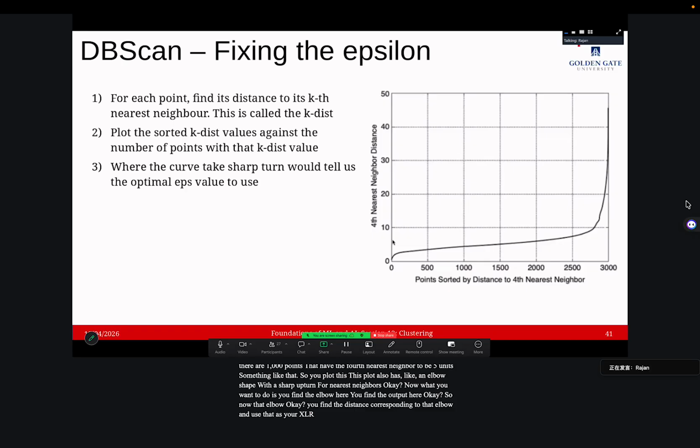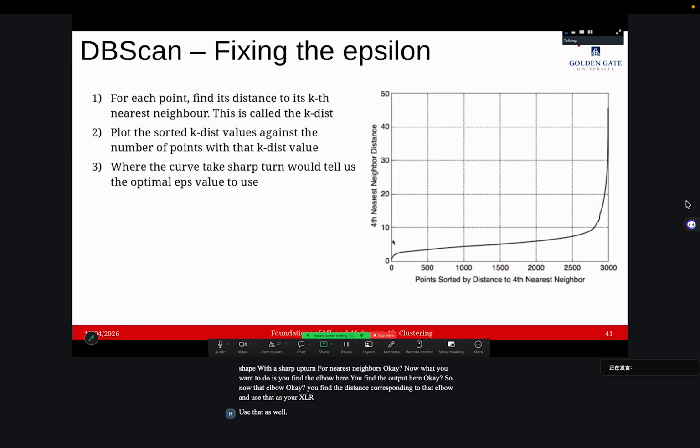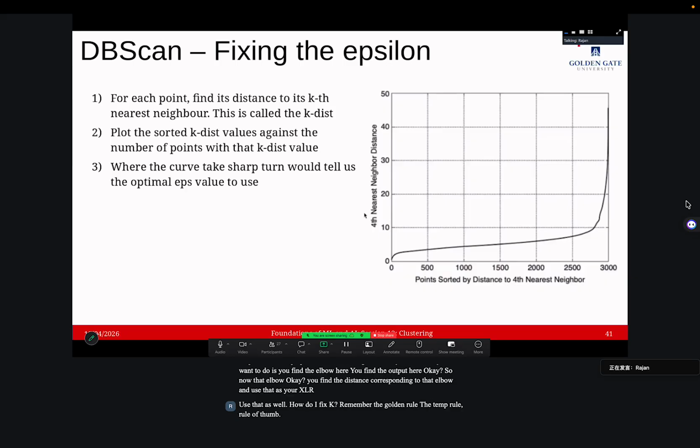How do I fix k? Remember the rule of thumb: if there are P features, take at least P plus 1. So you can set P plus 1 and do this, and then find the epsilon for that.